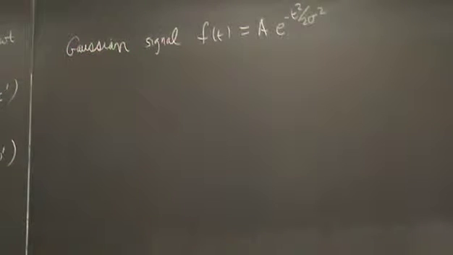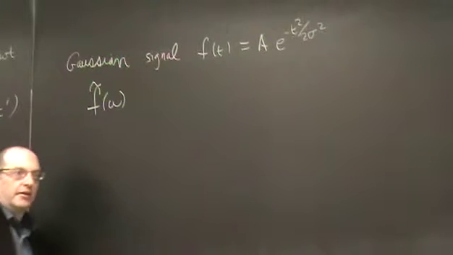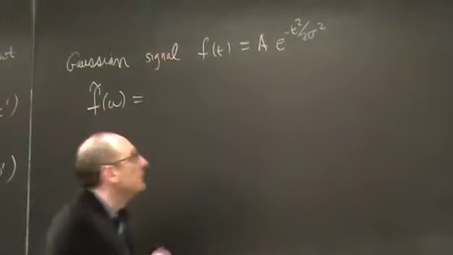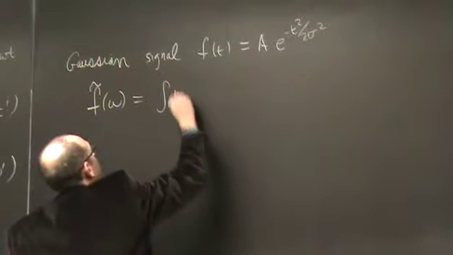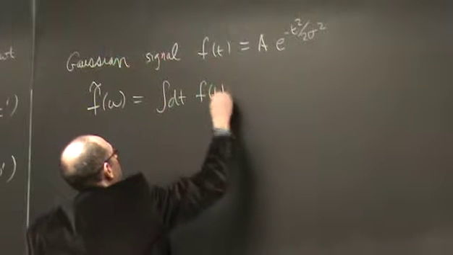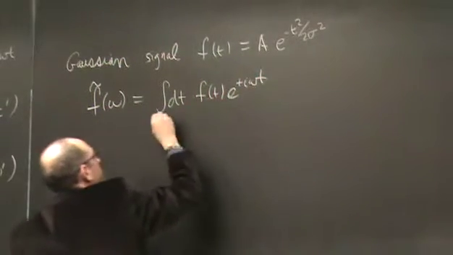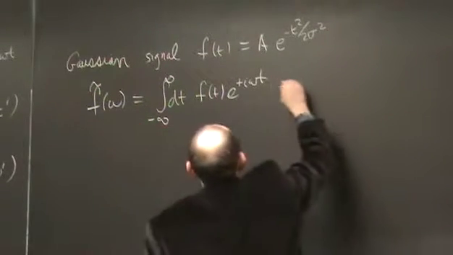And I want to know what the Fourier transform of this function is. So let's do that quickly. We have the formula here. What I have to do is take the function and project on e to the plus i omega t. So let's do that.